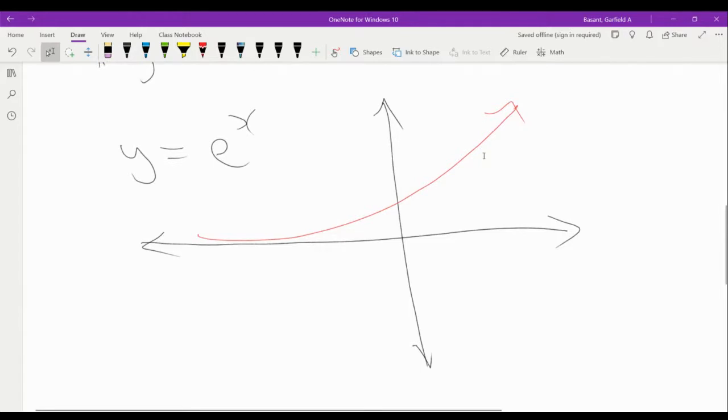Now, if we put a number, and I don't know what they do using your textbook, but we're just calling that number h. What happens to your graph?